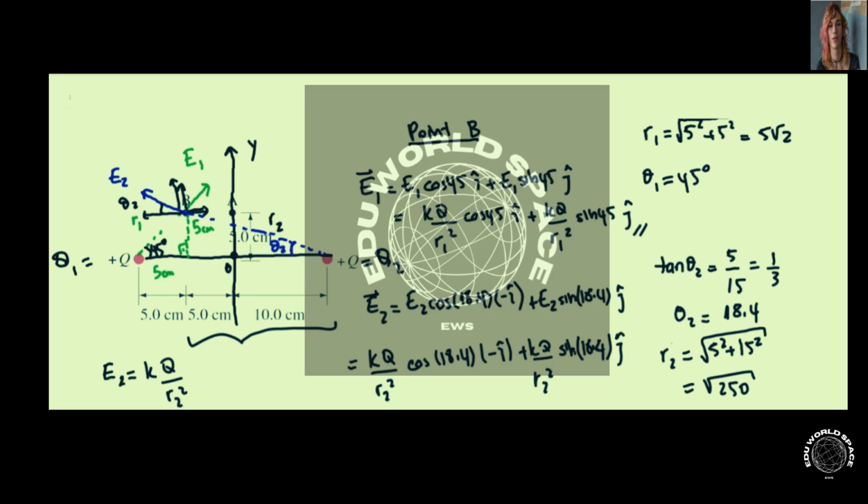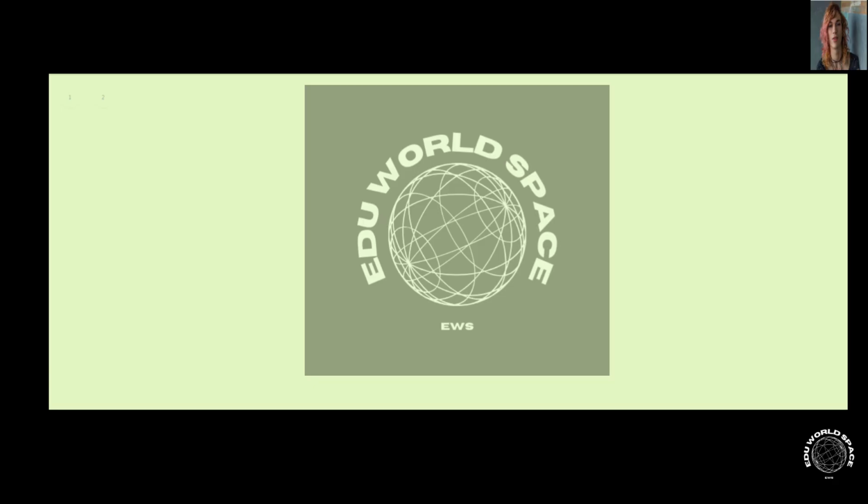I apologize for that. All right, so now we know the E2 vector and E1 vector at point B. In order to calculate the net field EB, we need to add these two vectors to each other.